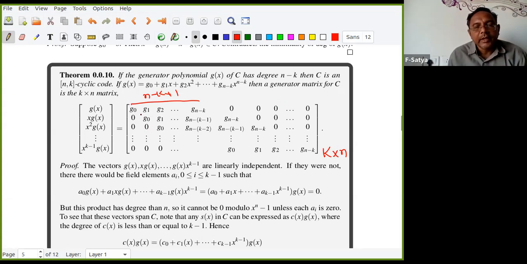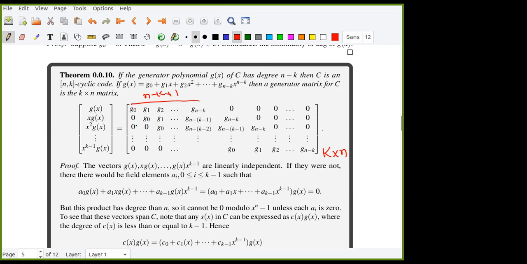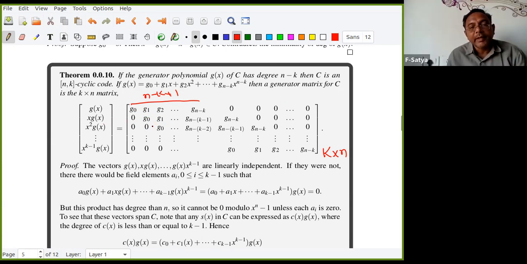Now what is next to be done? We get the next row by multiplying by x. Multiplying by x is the same as shifting this by one place. How long do I go? Until this entire thing comes here.